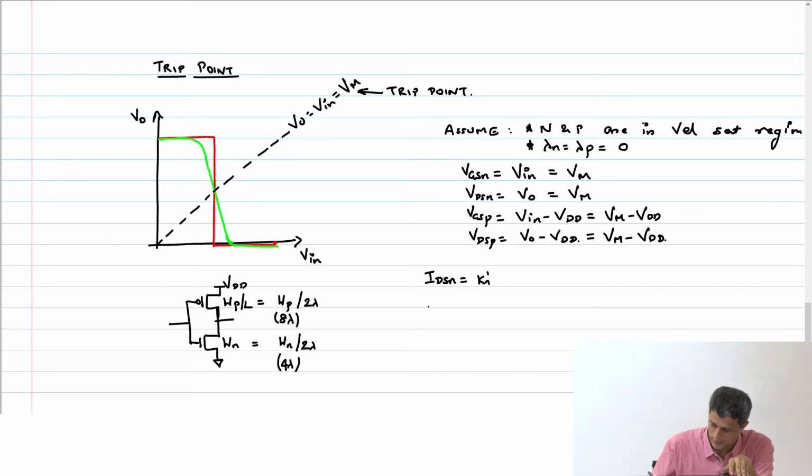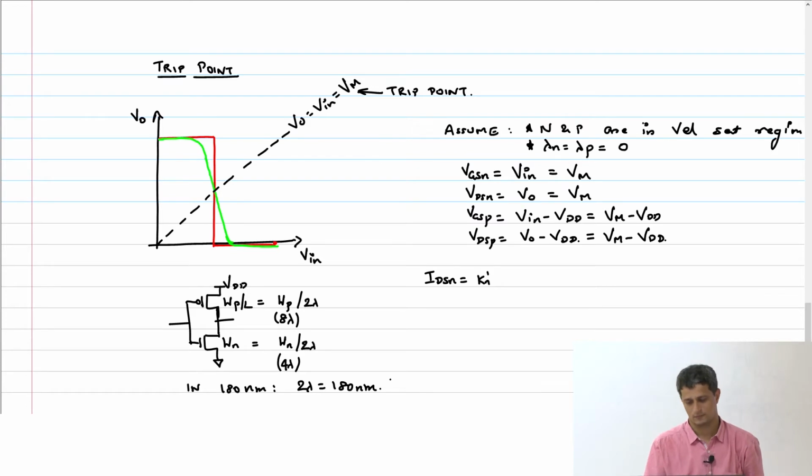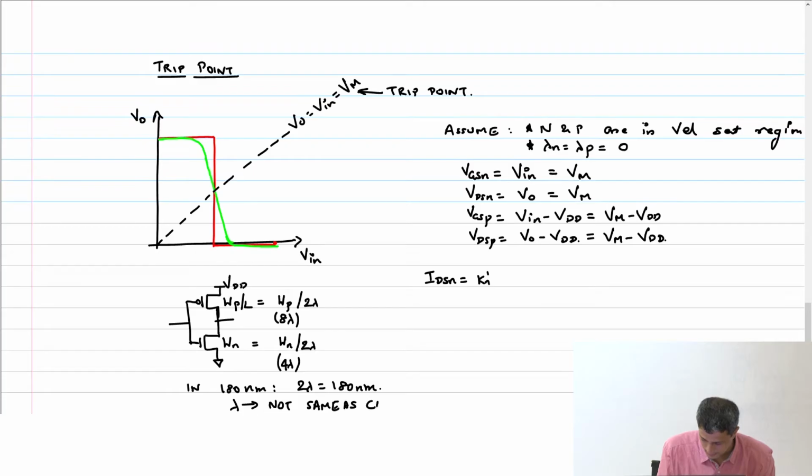And in 180 nanometer technology, 2 lambda equal to 180 nanometer. Also let me write lambda naught, not the same as channel length modulation lambda n, lambda p. Don't confuse it with that.